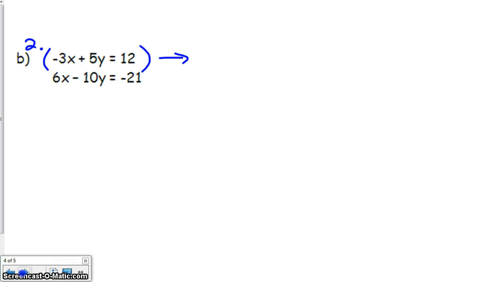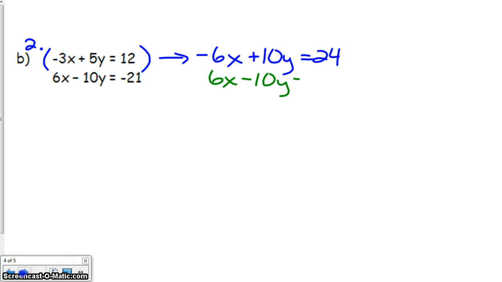So my top equation is going to turn into -6x plus 10y equals 24. My bottom equation I do not have to change. So I'm just going to rewrite that one. 6x minus 10y equals -21. Then I'm going to add vertically.